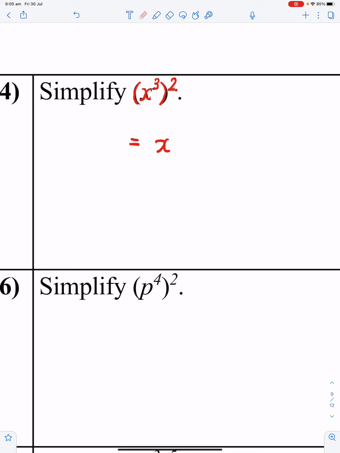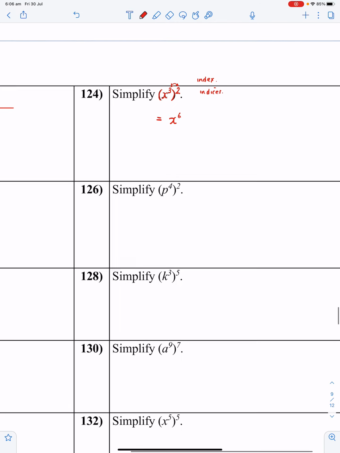So x to the power of 6. You multiply, these are called indices, right? Each one is called an index, and together they're called indices. That's the pronumeral, okay? So you multiply the indices, basically.